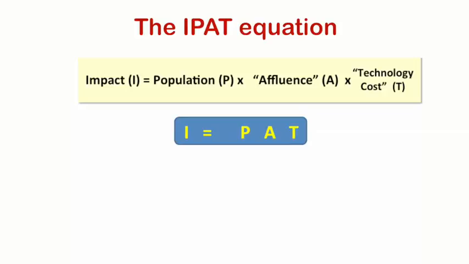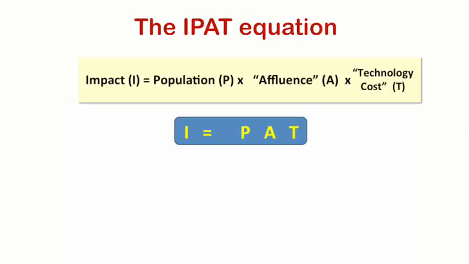The IPAT equation says that the impact on the environment, I, is related to the population size, P, multiplied by the affluence, A, which represents the materials consumed by the population, and then multiplied by the technological cost, T, of producing the materials for consumption by the population.